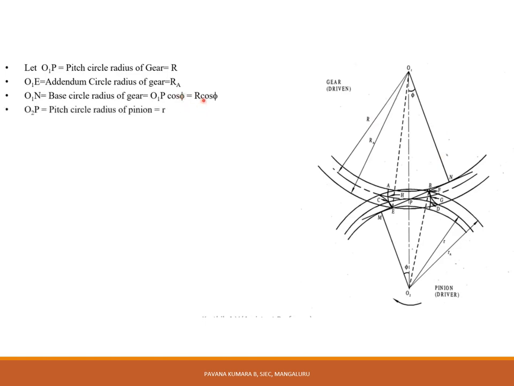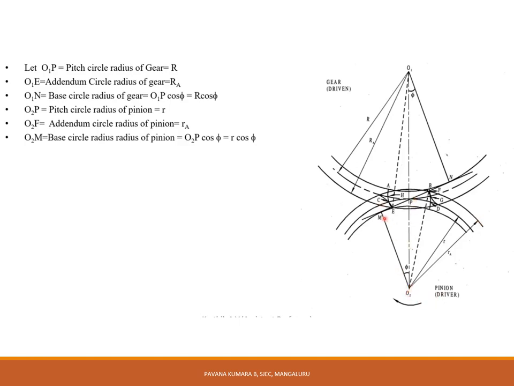Similarly, we can also write for the driver gear. O2P is nothing but the pitch circle radius of the pinion. From here to here, this is the pitch circle of the pinion. Next, the addendum circle radius of the pinion is denoted by RA. And O2M is the base circle radius of the pinion. We can also write this in terms of cos phi.